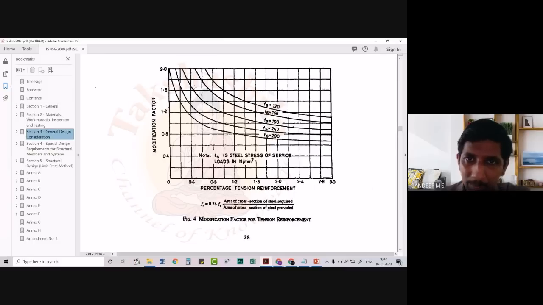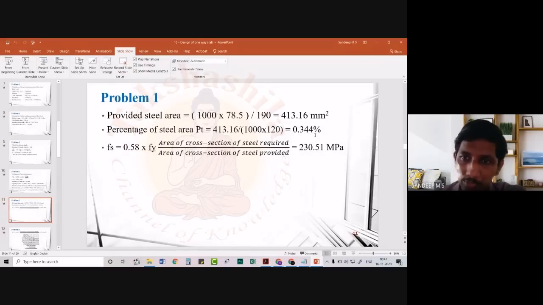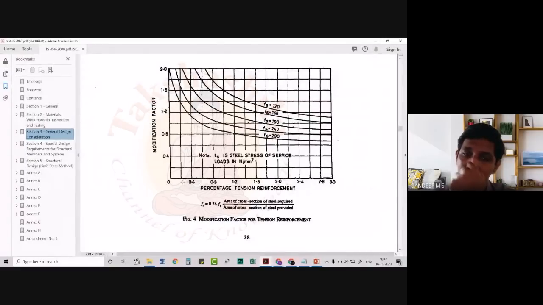So it will be in between this. Okay, and again the percentage of tension reinforcement that we have provided is 0.344 percentage. So that will be something around in between these two lines, because this is 0.4. So this will be 0.2.